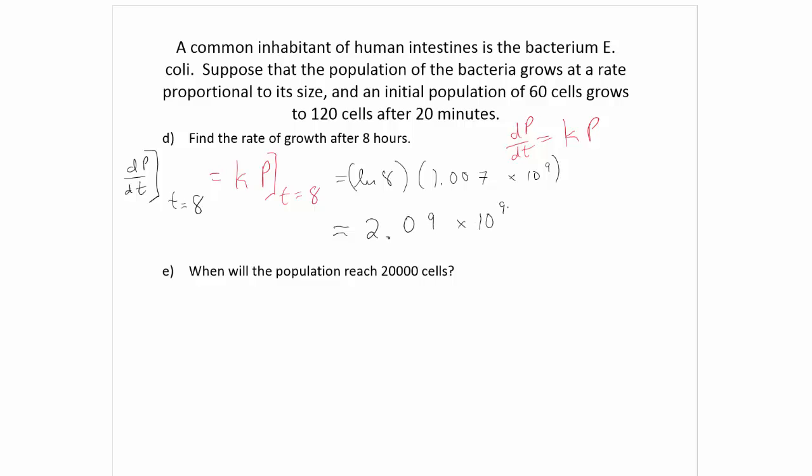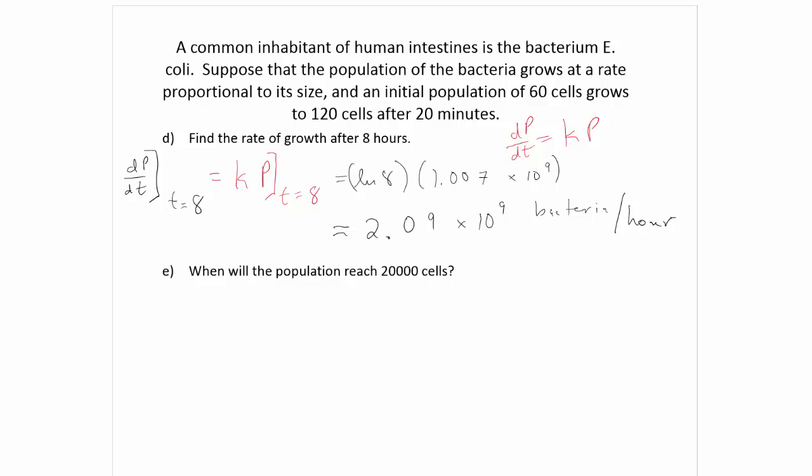And the units on this would be bacteria per hour. You could also find this value by taking the function that you found in part A, calculating its derivative, and letting t equal 8. But I think it's nicer to understand the differential equation and use it appropriately.